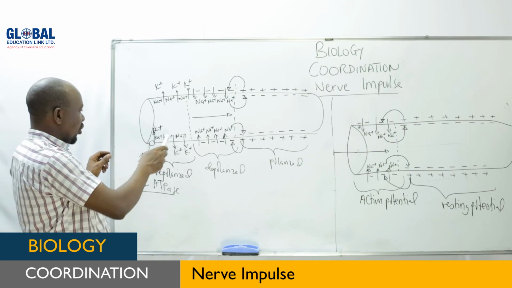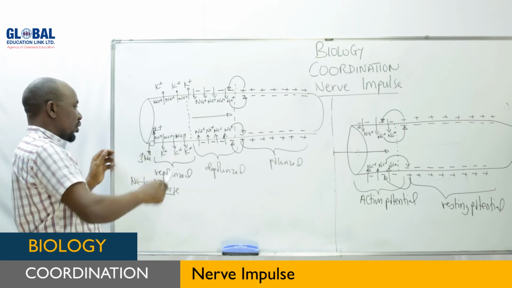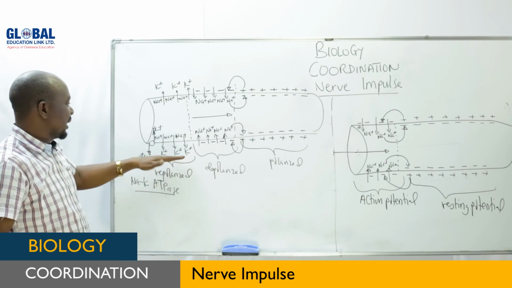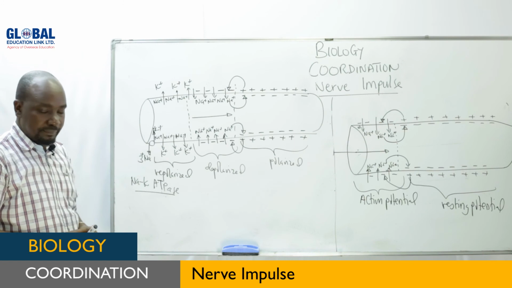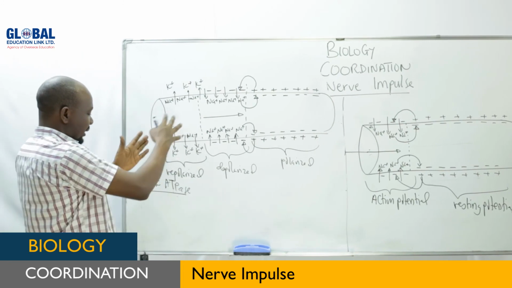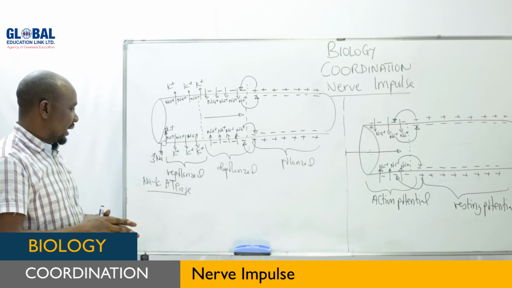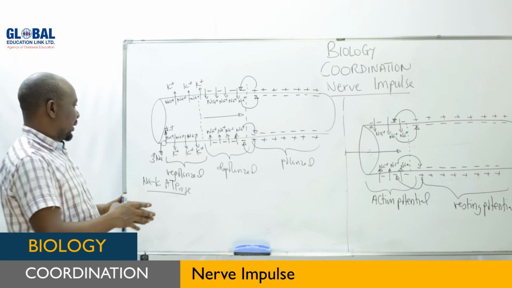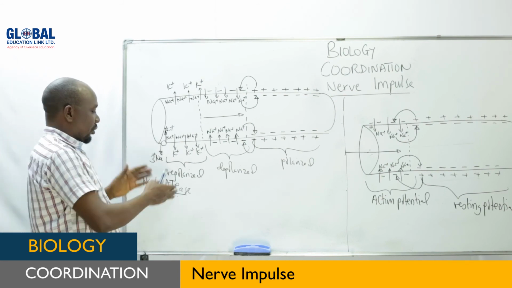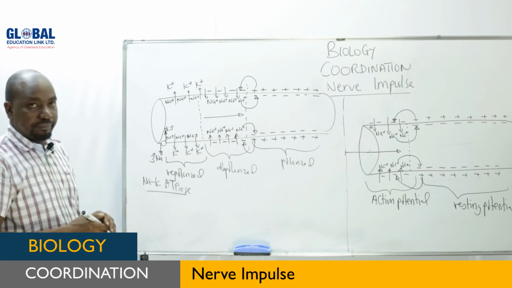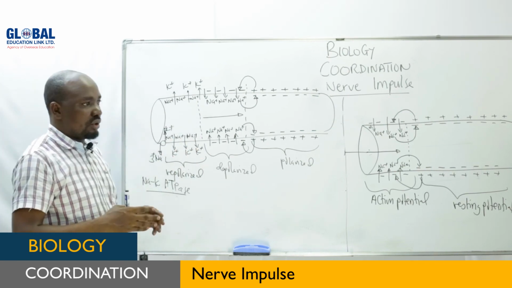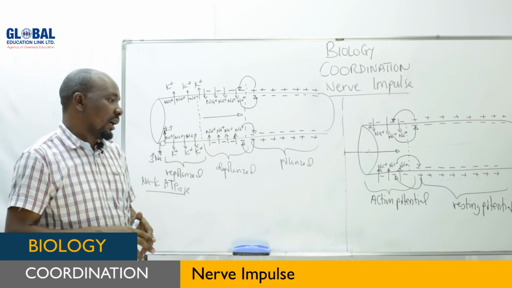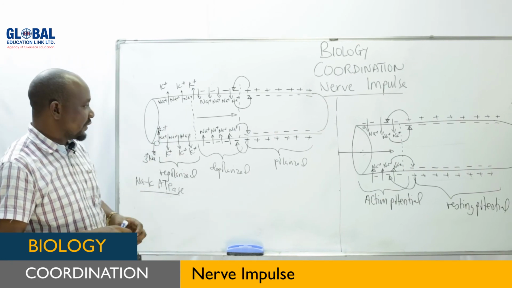At the end, all the sodium ions will be outside and all the potassium will be inside. And after the repolarization, the membrane now becomes polarized. So that is how the transmission of the nerve impulses takes place.